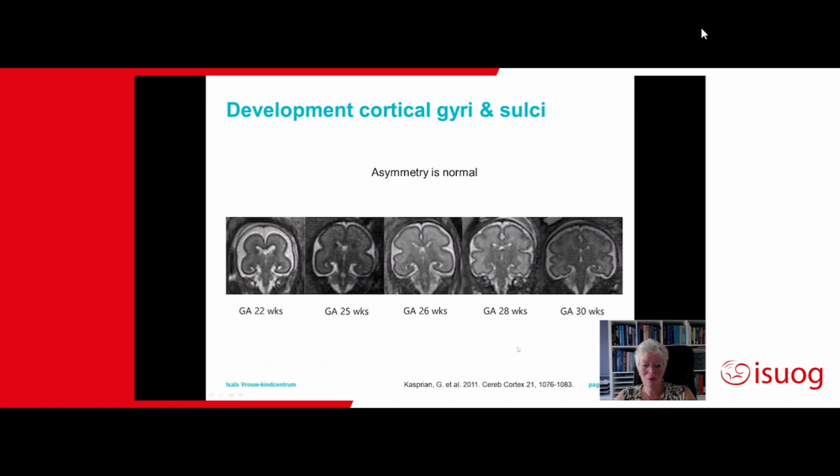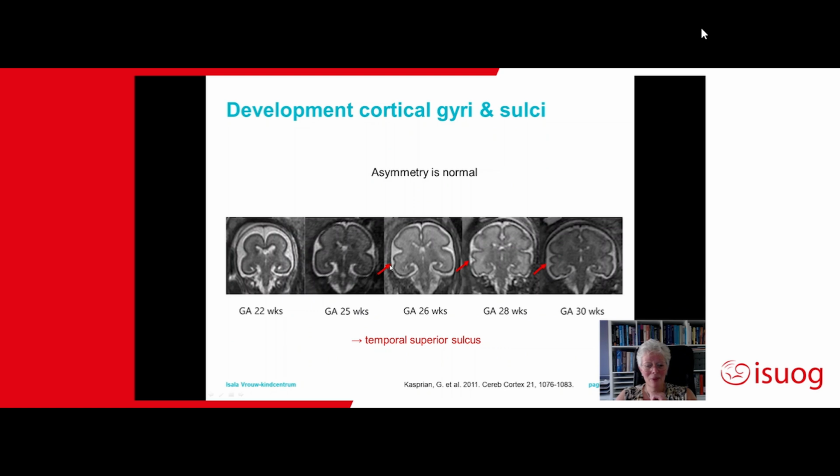Another thing that is really important is that asymmetry is normal, and this is a really nice study of Gregor Kasprian, where you see these coronal images of fetal brains. If you take a close look, you can see that at 26 weeks, the temporal superior sulcus is appearing.